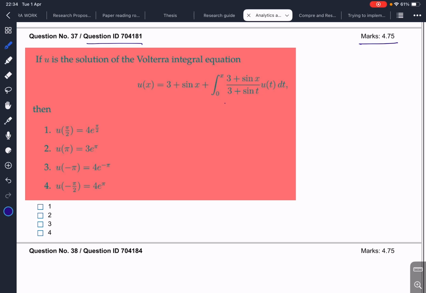Now you can see this is a Volterra integral equation and U is the solution.